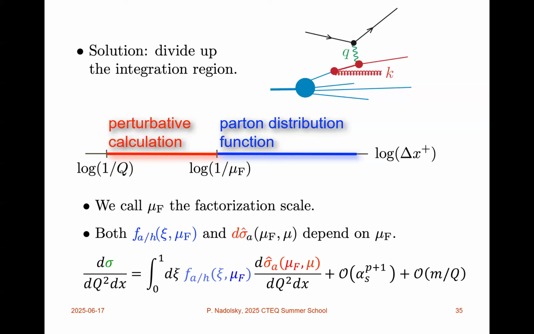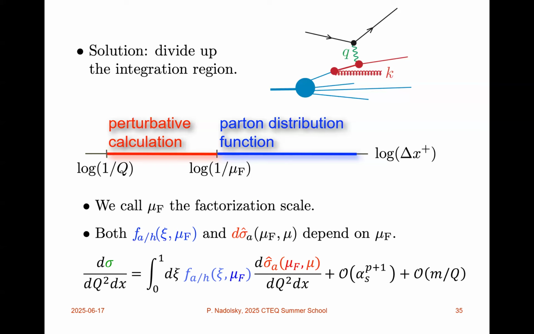And so then we need to introduce a separation in scales, whereby every contribution from the radiation from very small distance, or very large scale Q, up to a longer distance, but still not too long distance, which is about mu f, goes into the perturbative calculation.